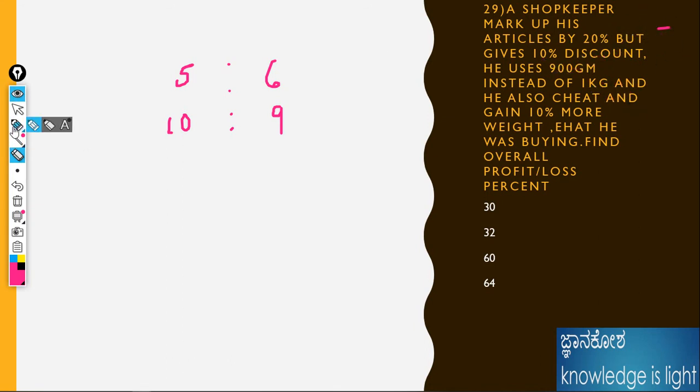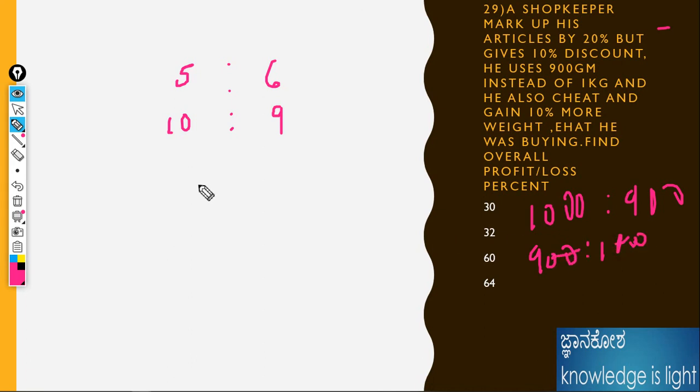Then one more, he uses 900 grams instead of 1 kg. Here the article price should be the reverse of that one. The thing is 1,000 is there, instead 900 grams is used. 900 divided by 1,000, then 9 by 10 is coming.